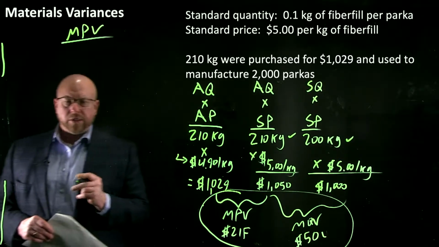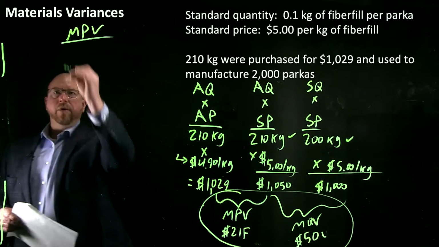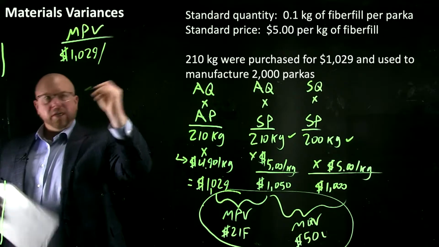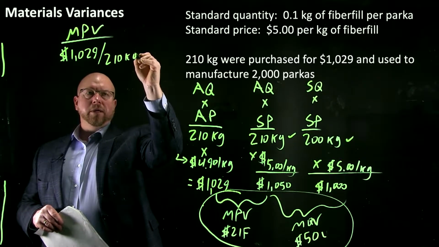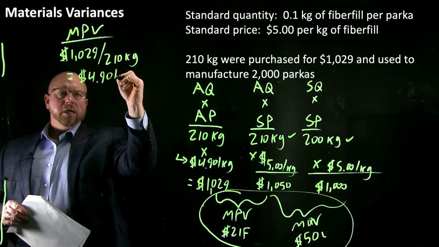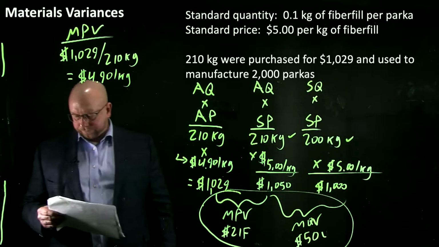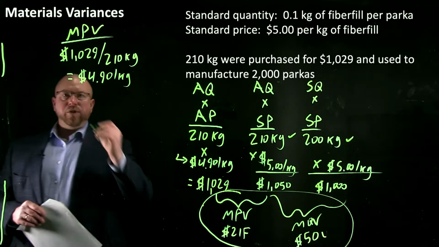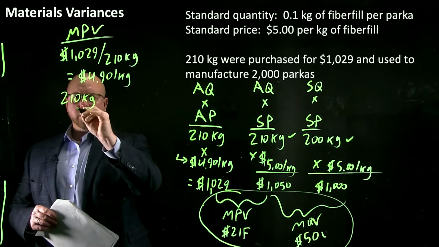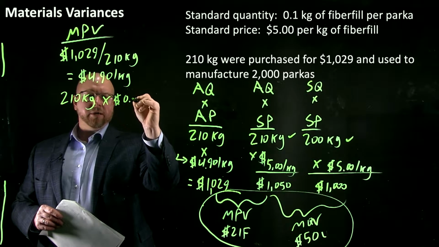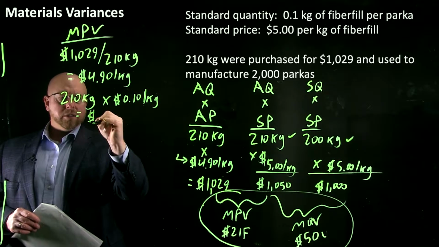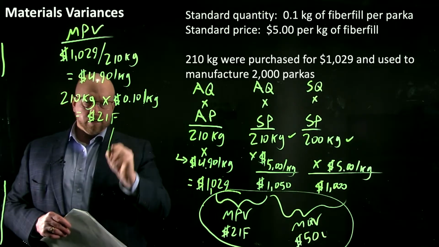Take the actual dollars we spent and divide that by the number of kilograms that we purchased. And so the actual price that we paid is this $4.90 per kilogram that we saw over here. And if you bought 210 kilograms and you save 10 cents per kilogram, then the math becomes relatively straightforward, and you can see this $21 favorable price variance.